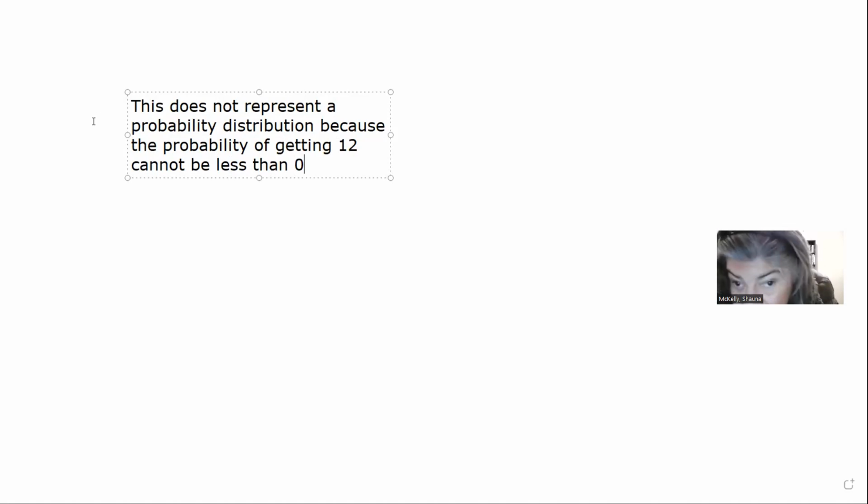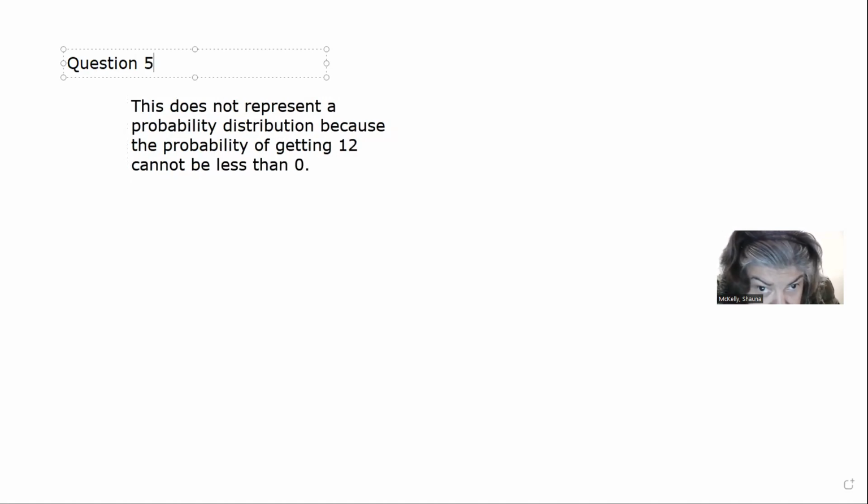Cannot be negative, if you want to say that. So basically my problem is that the probability of 12 cannot be less than 0. So this is question 4 on your screen.